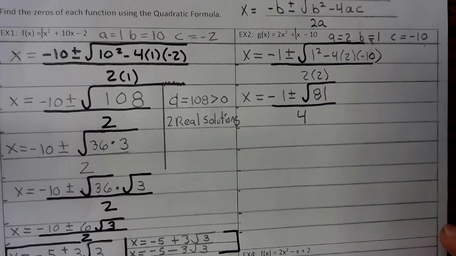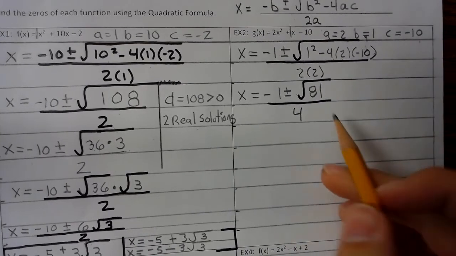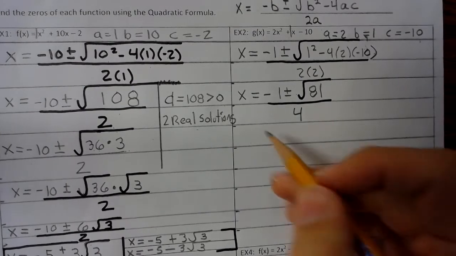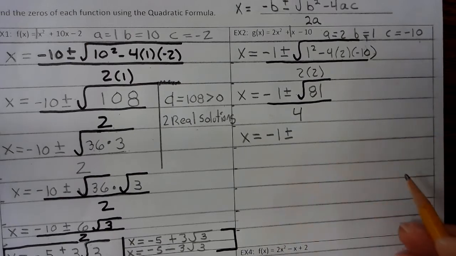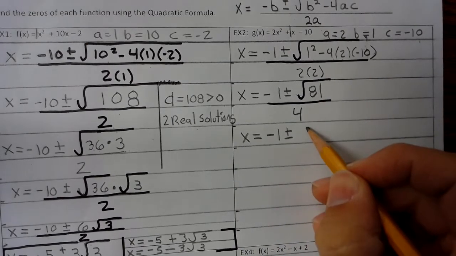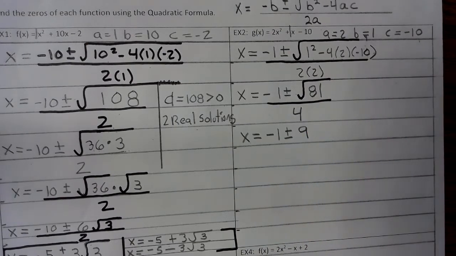Okay, well, this problem becomes simple because we know the square root of 81 is 9, so this is x equals negative 1 plus or minus 9 divided by 4.